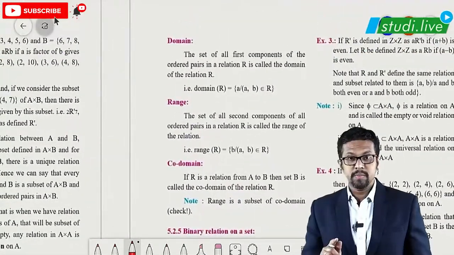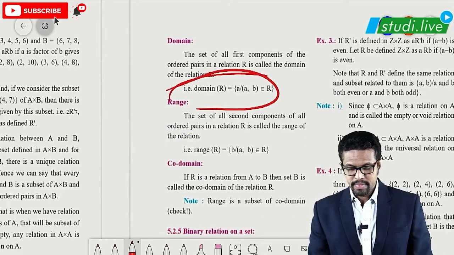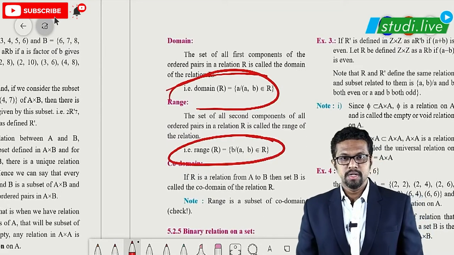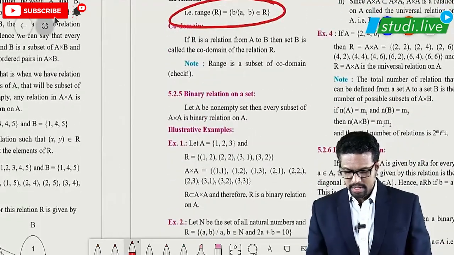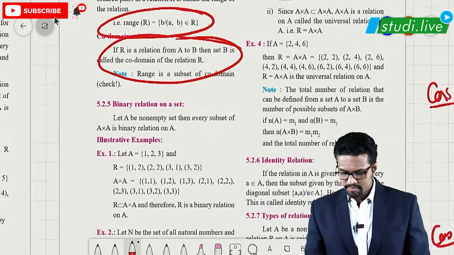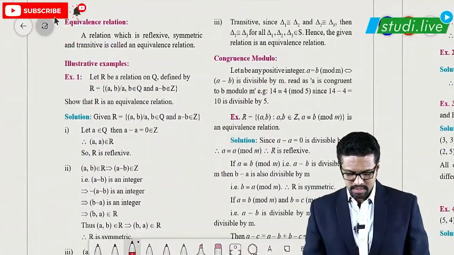All the first elements in the relation will be counted in the domain, and all the second elements will be counted in the range part of it. These are all the important questions that we have related to a relation. The second set is always called the codomain. So these are the definitions that we have about relation.